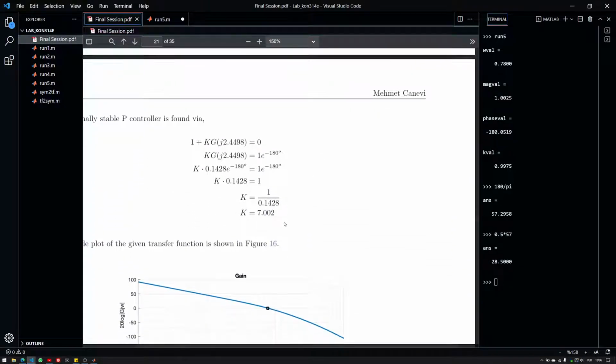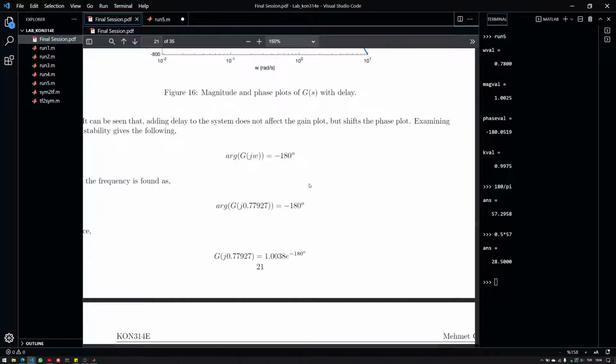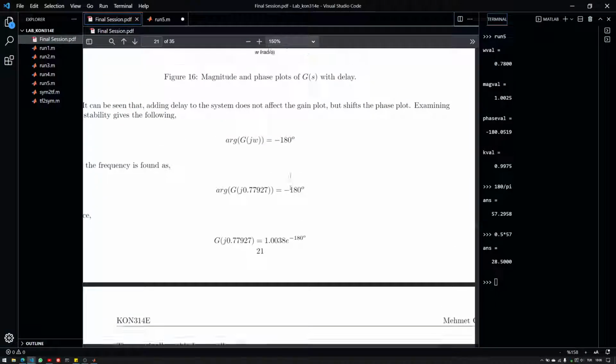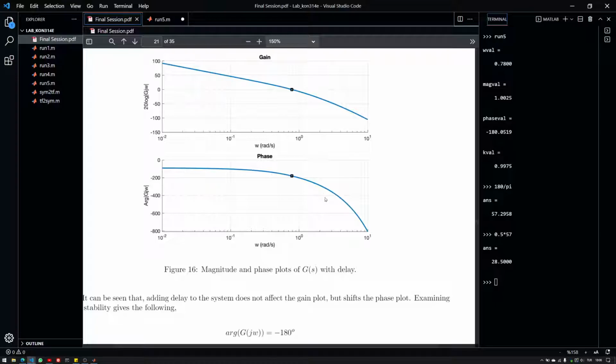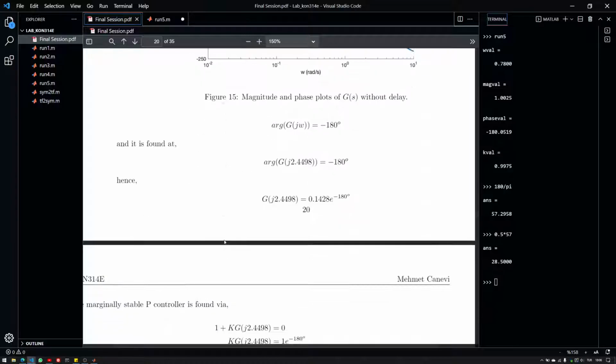Now this was the actual interval in A. We again look at minus 180 degrees, but this time we are using the delayed one. And you can see that it is quite different. This has 250 here, minus 250.